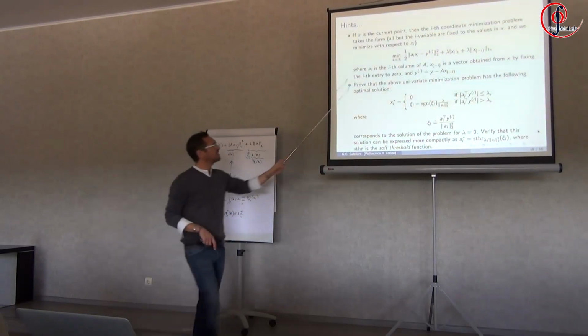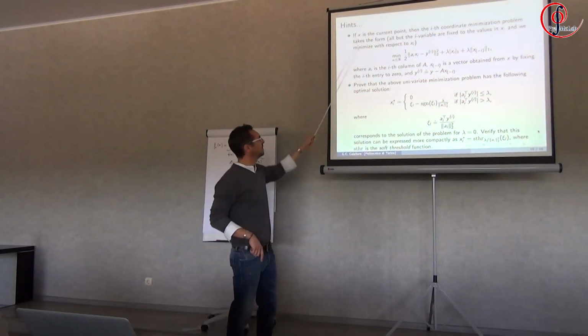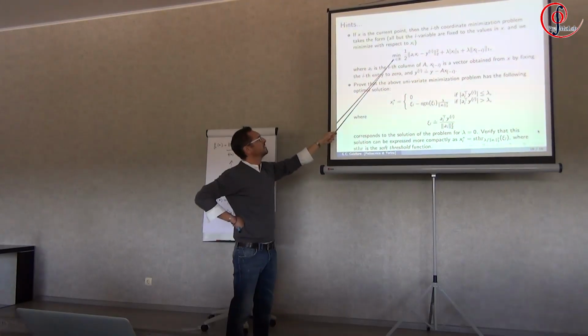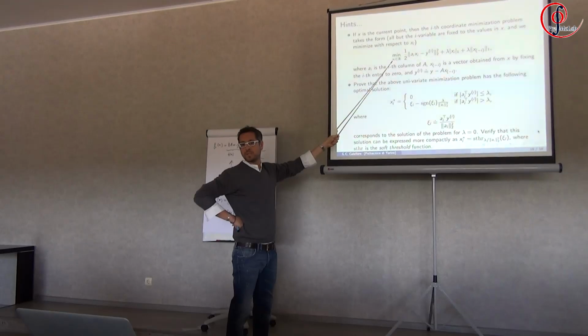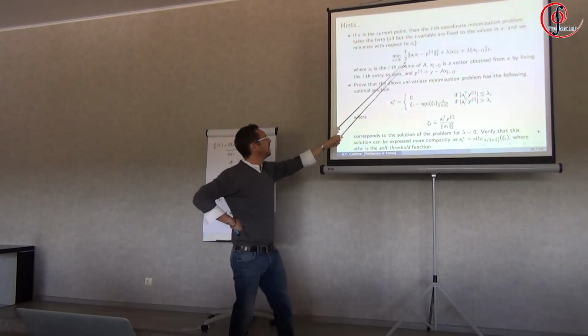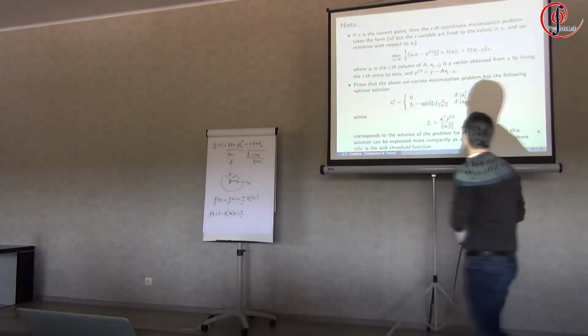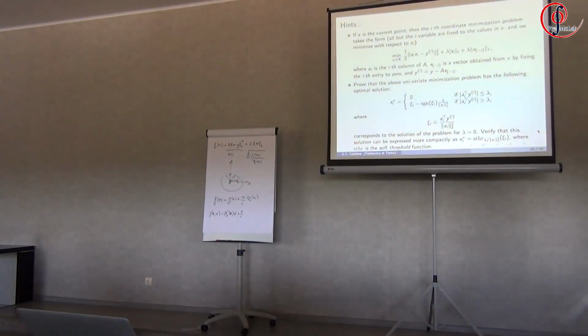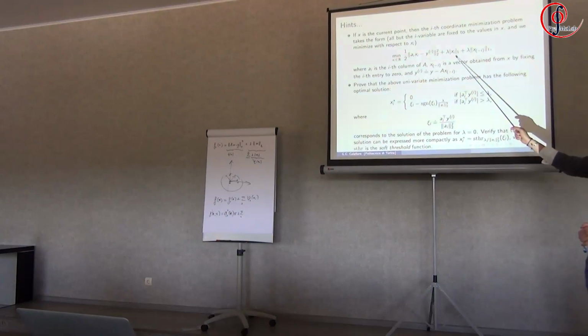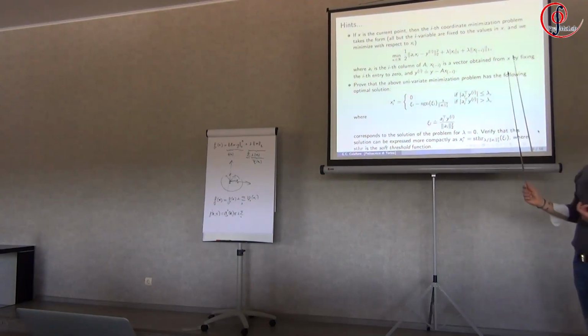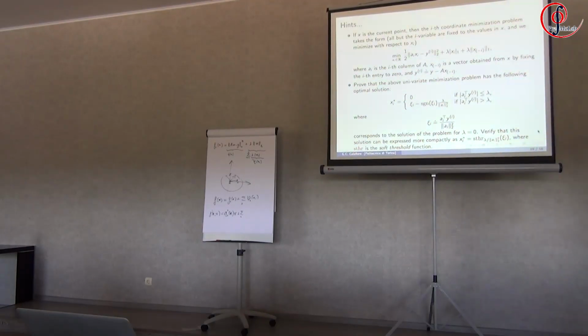The problem over a scalar variable from the lasso looks like this. You have to minimize over only one coordinate, a single real variable, a function like this. It looks innocent, but if you haven't seen it before, it takes a while to understand how to find an optimal solution for this problem in closed form.